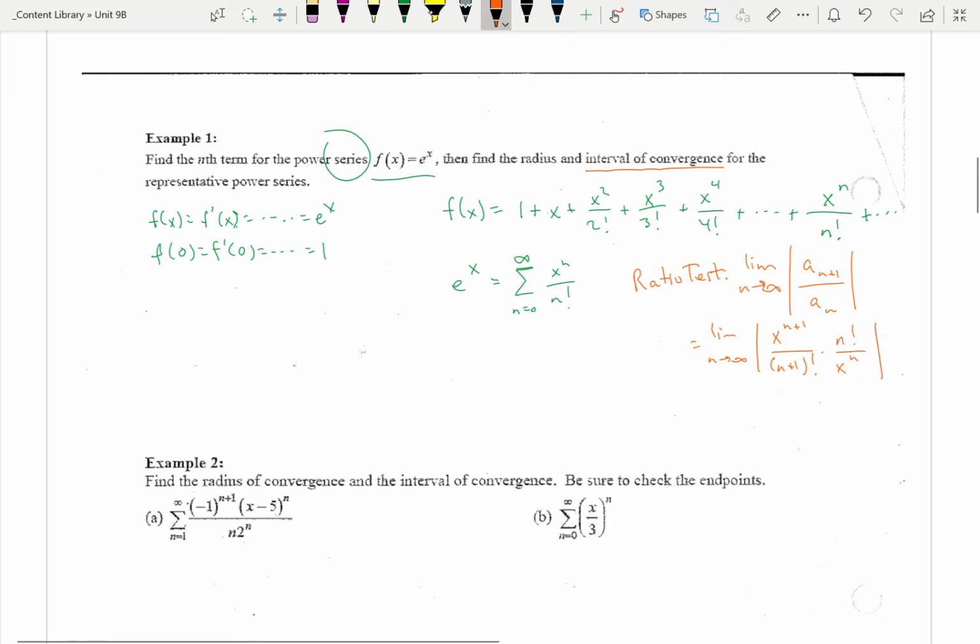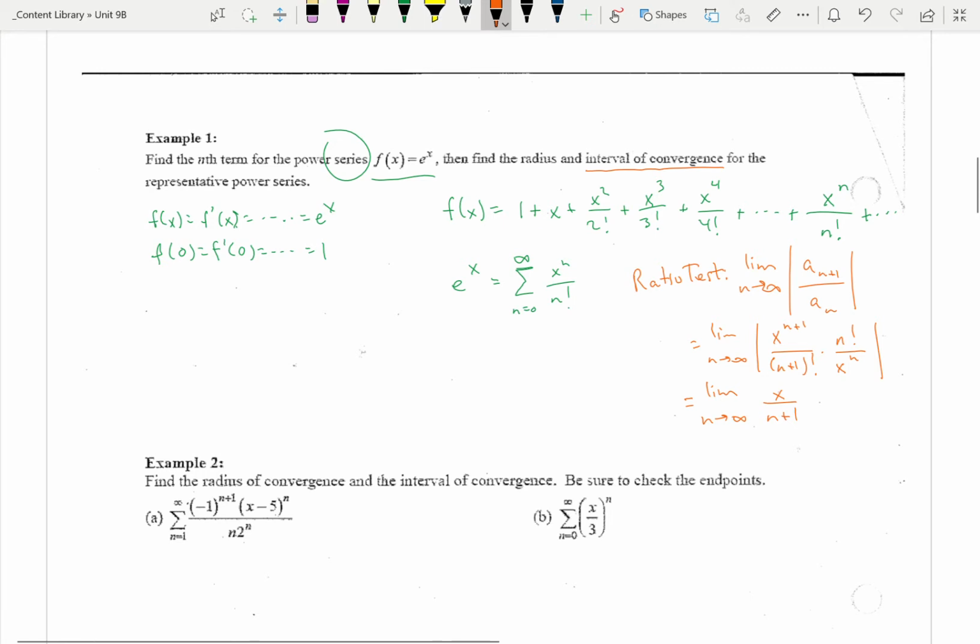These should look familiar from our last unit. And exponentials and factorials are very nice for the ratio test. Everything cancels out except for the x in the numerator and n plus 1 in the denominator.